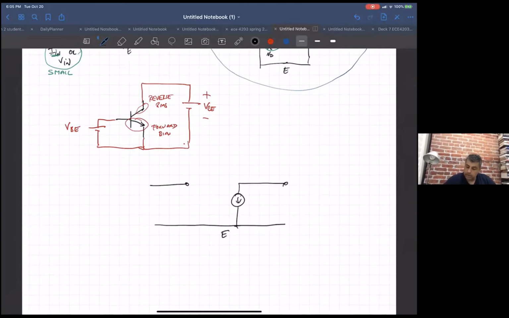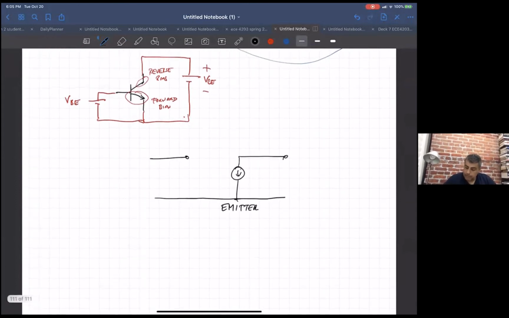With this being the emitter, this being the collector, this being the base, and this collector current being I sub S exponential of VBE over VT.